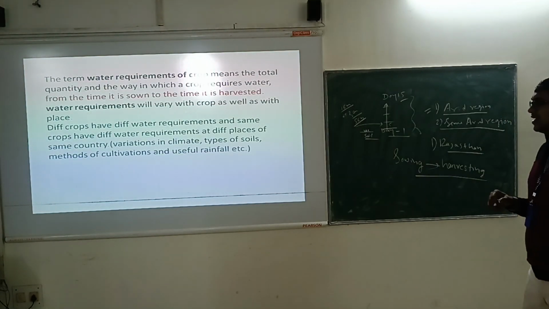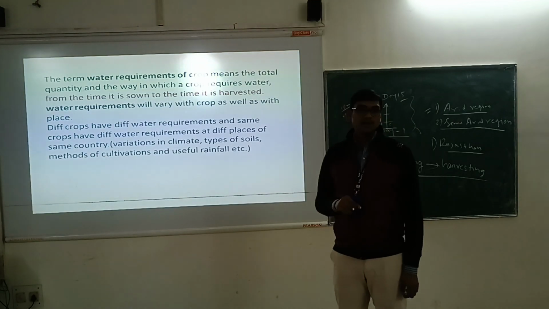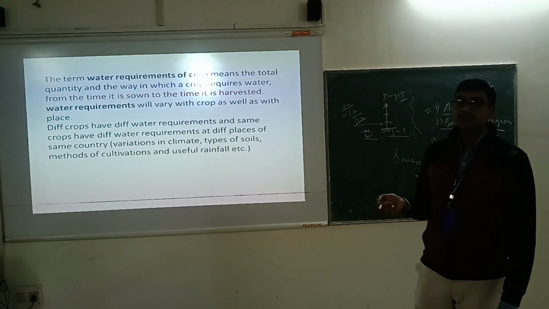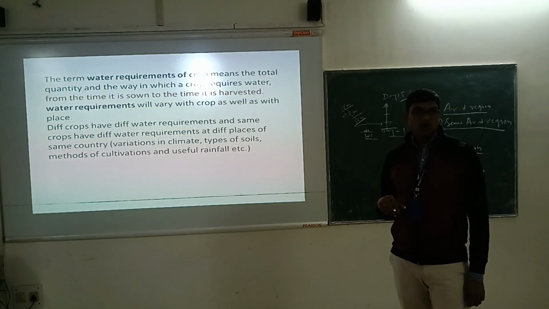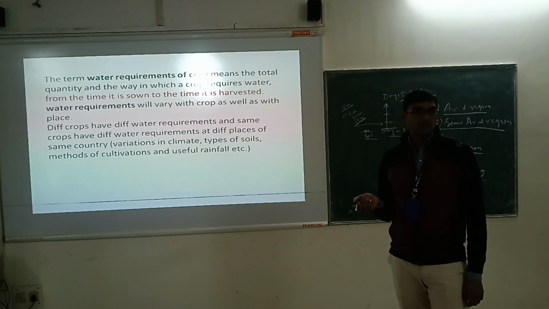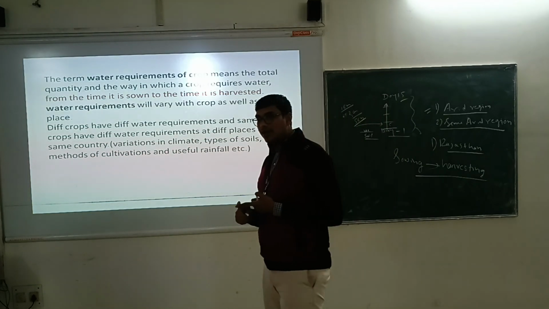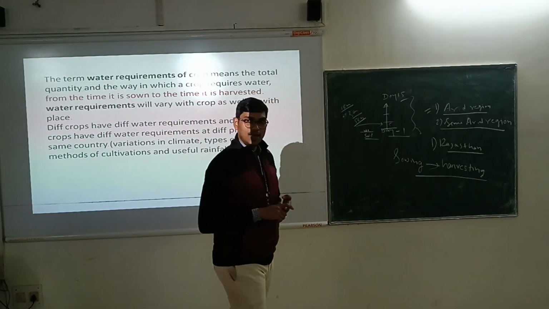And this varies with the crop as well as with the places. Suppose the water requirement is not the same for rice and for wheat, because these two crops are different and their water requirements are also different. Clear?